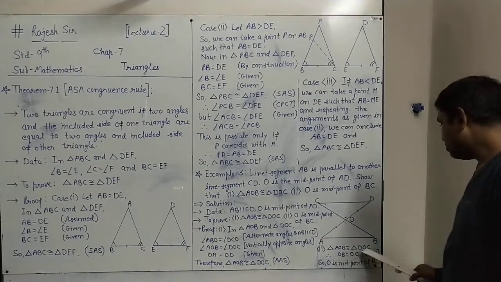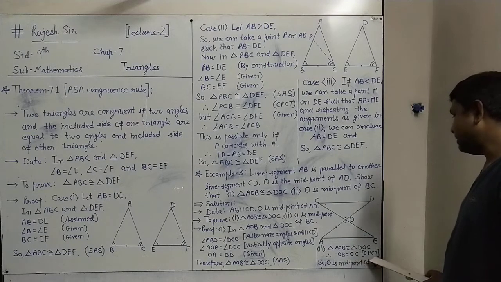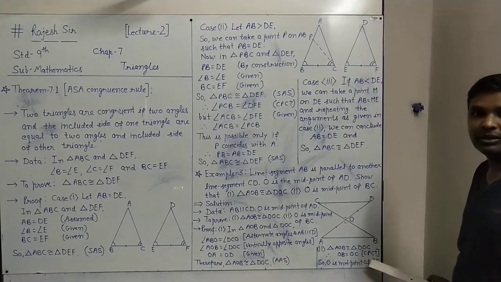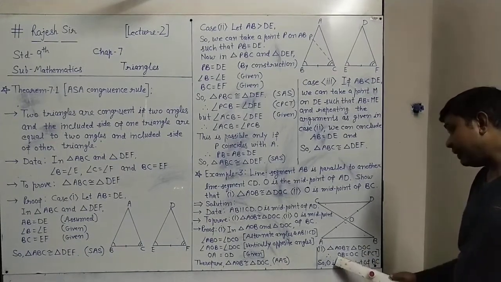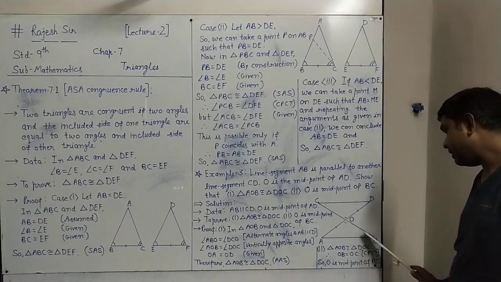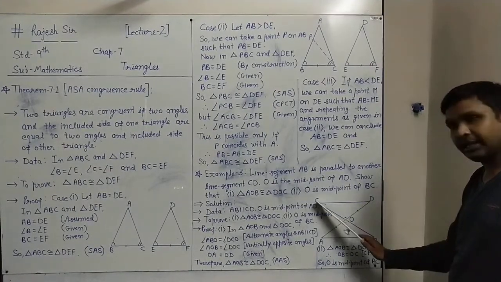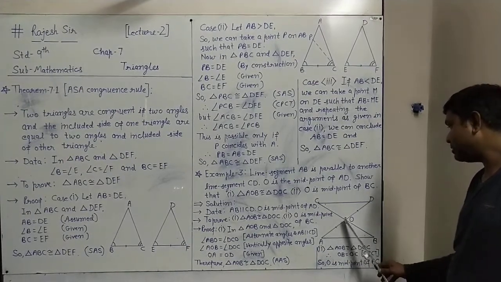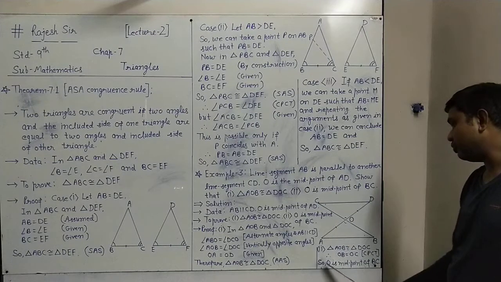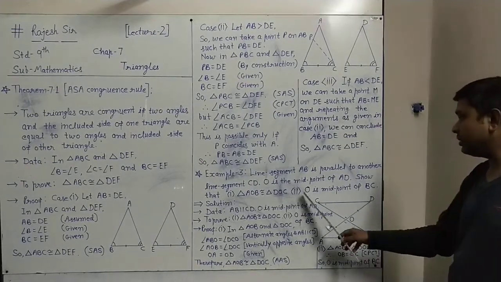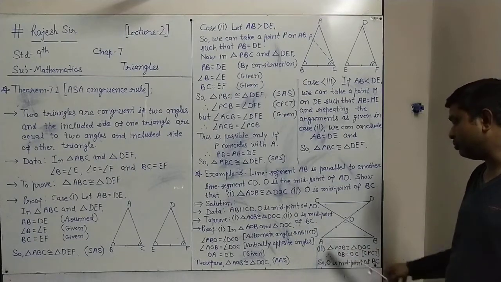So OB equals OC by CPCT, which means corresponding parts of congruent triangles. If OB equals OC, what does it mean? It is possible only when O is the midpoint of BC. This is the second thing that we wanted to prove, and we have proved it.